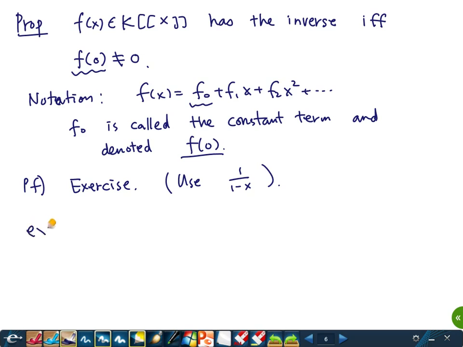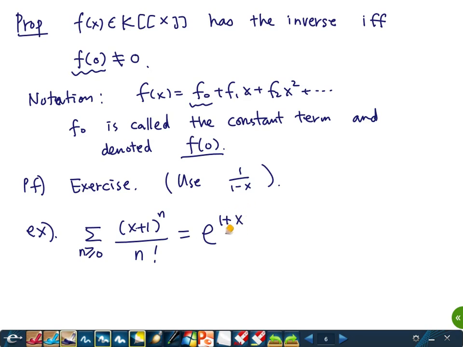Example. I'm going to show you a perfectly valid series in calculus or analysis, which is not a valid formal power series. For instance, this: the sum of (x plus 1) to the n over n factorial. In calculus, we know that this is e to the 1 plus x, right?